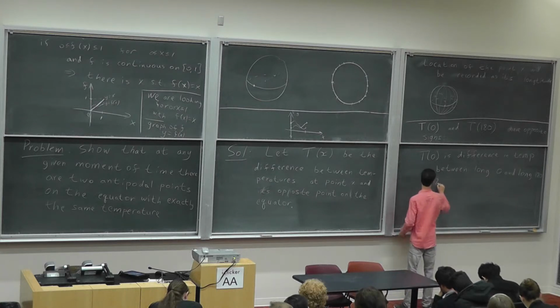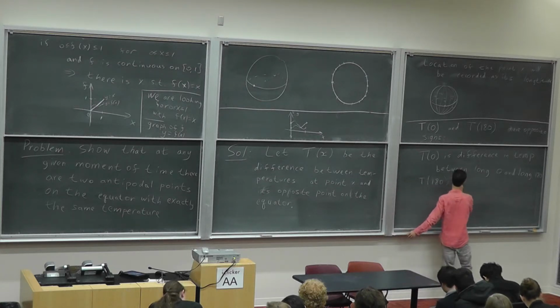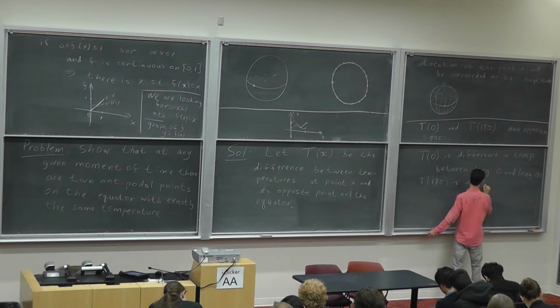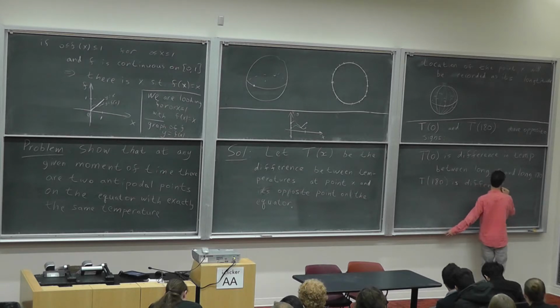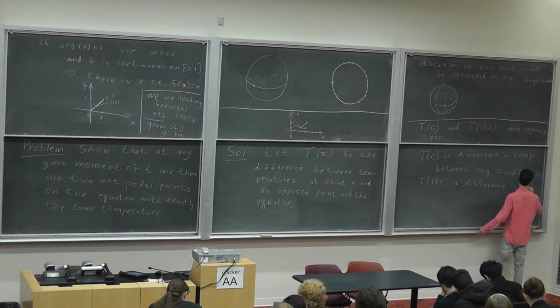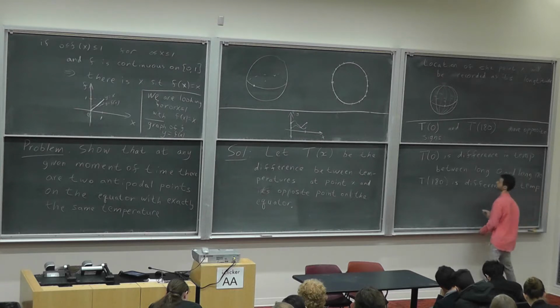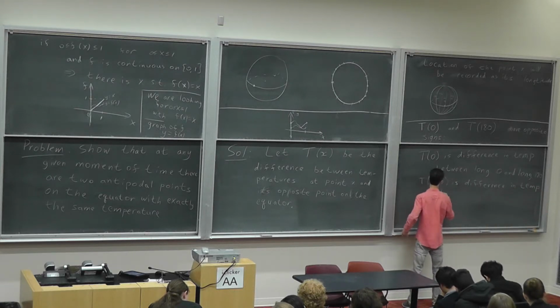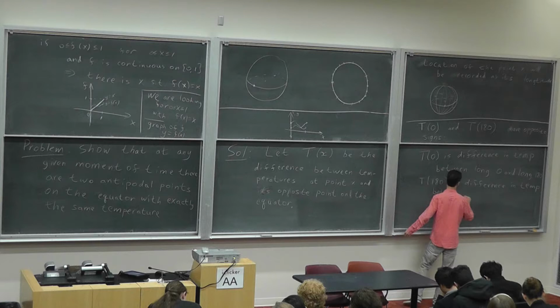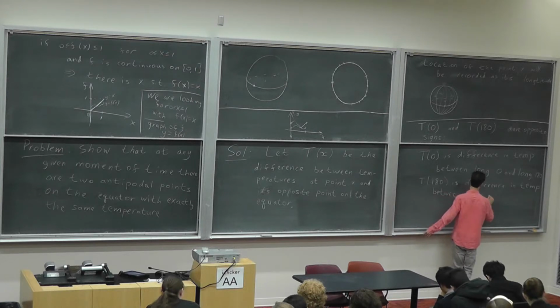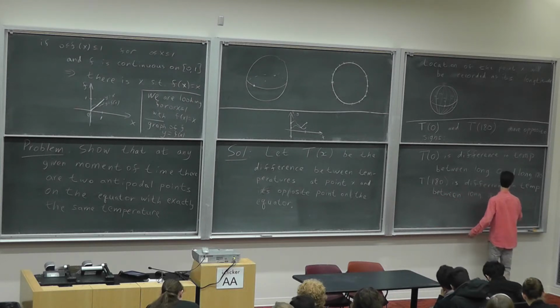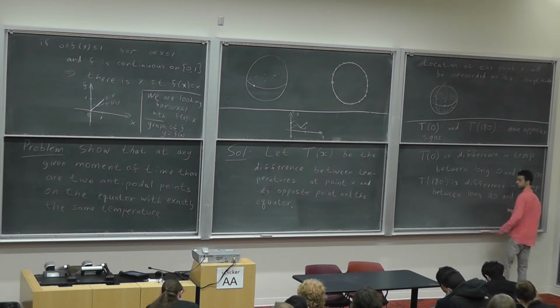T of 180 is the difference in temperatures between longitude 180 and longitude 0.